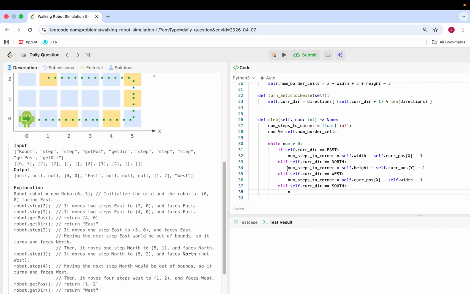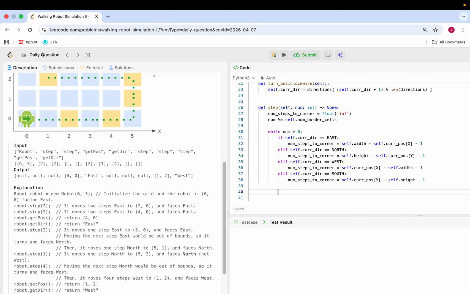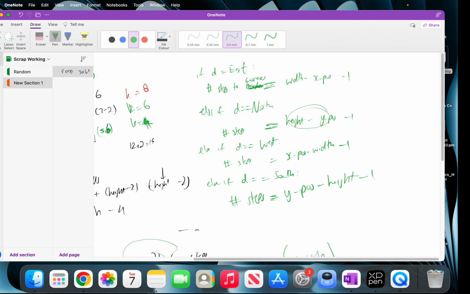This guy, you use y and you use height, and then if, ooh, wait, I have to actually change the position as well.